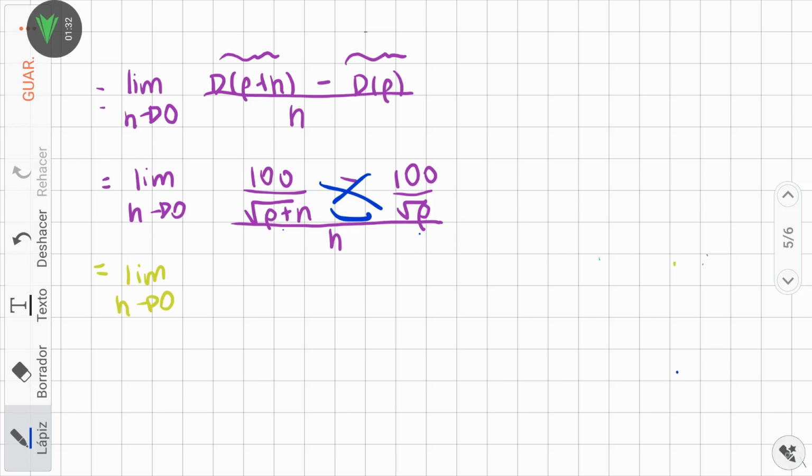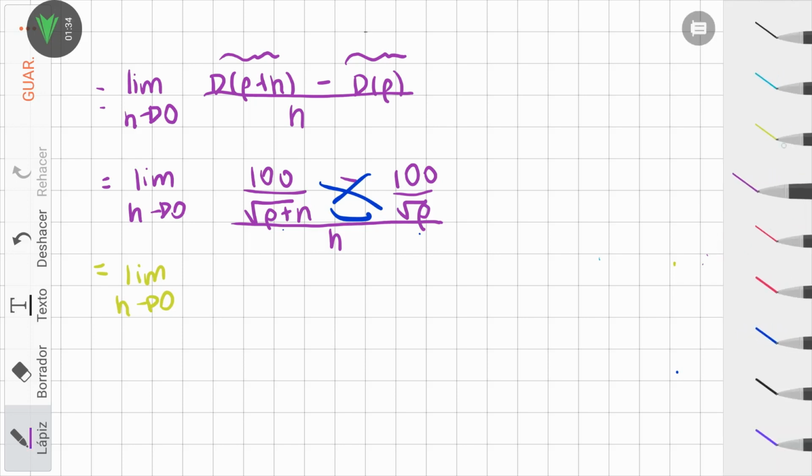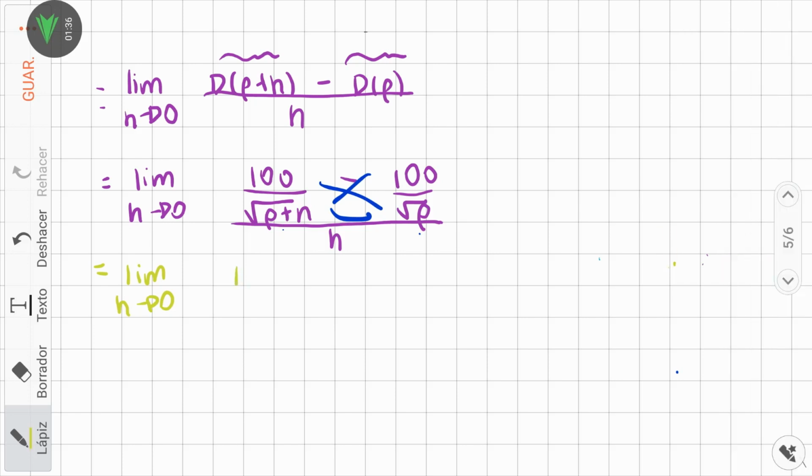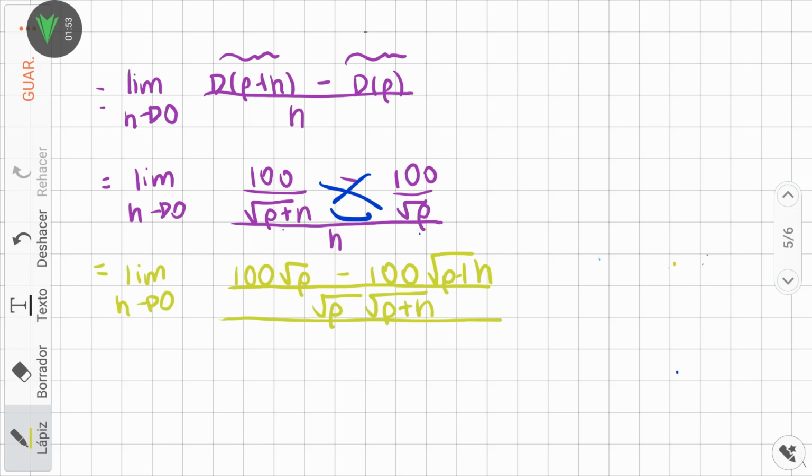So that will give us 100 times the square root of p minus 100 times the square root of p plus h, over the square root of p times the square root of p plus h, everything over h.